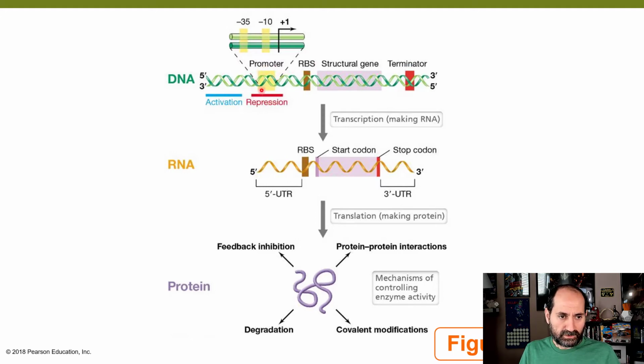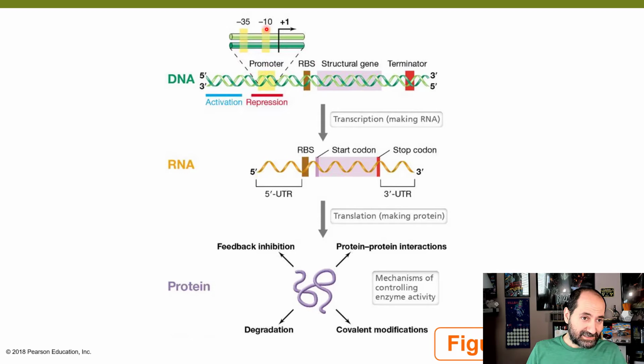The promoter is a sequence of DNA. It's a region of DNA upstream of the gene itself. So upstream means upstream from the gene. Right here, this is the promoter region.